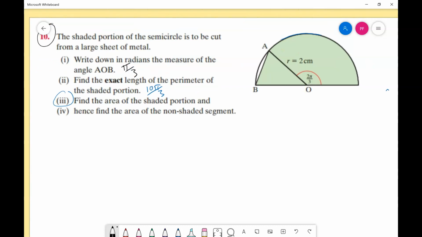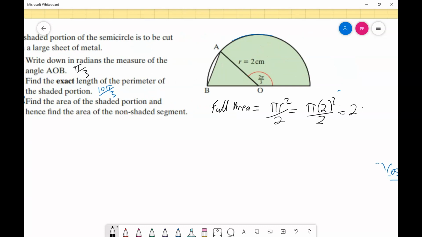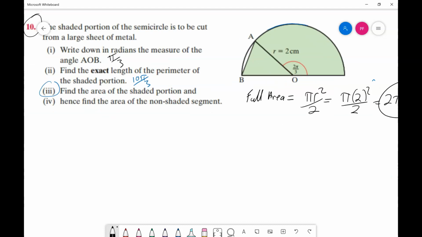If I want to find the full area, pi r squared would be the area of a full circle, but because it's half a circle, I'm dividing that by 2. So it's pi times 2 squared over 2, which is just 2 pi centimeters squared. So that's the full area of it.